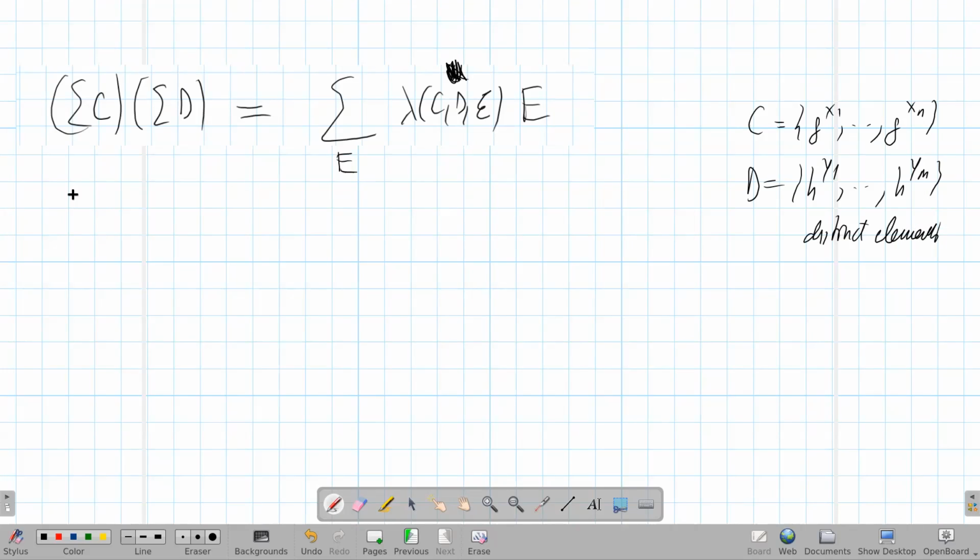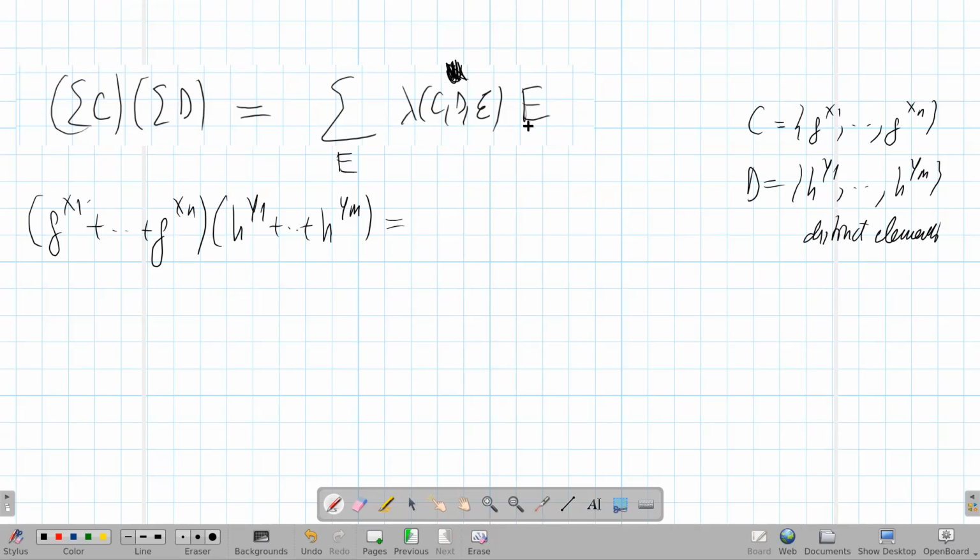So what we are doing here is multiplying this element times this element. I'm not writing the details, but that will be the sum of all the products.